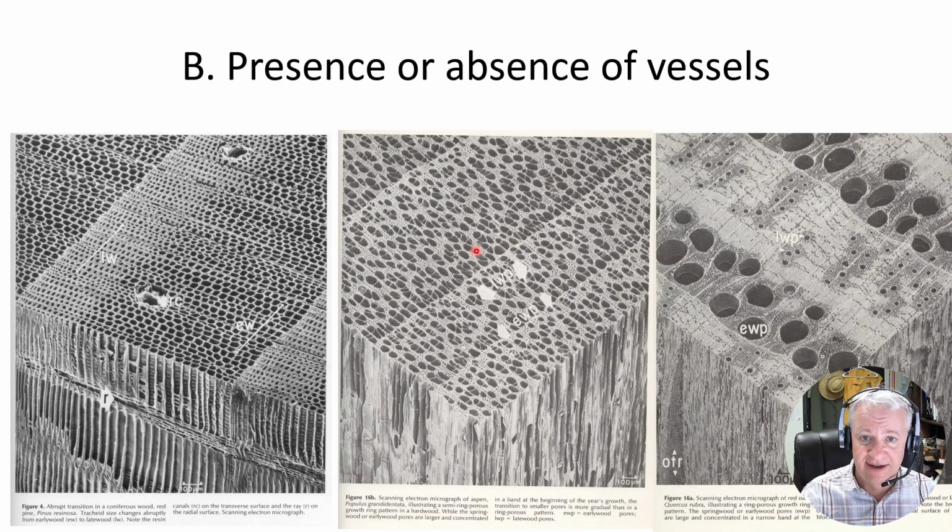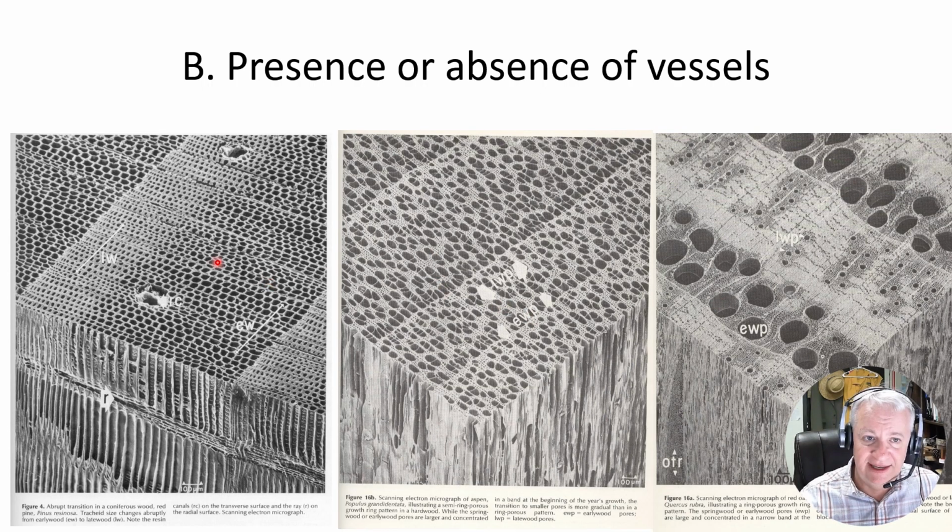So in these two examples, these large holes in this cross section here, these are vessels. Wood with vessels will have sort of large openings that are within a matrix of fibers.